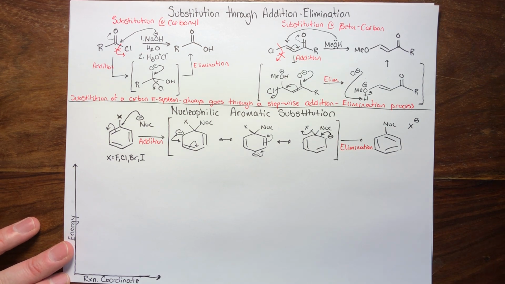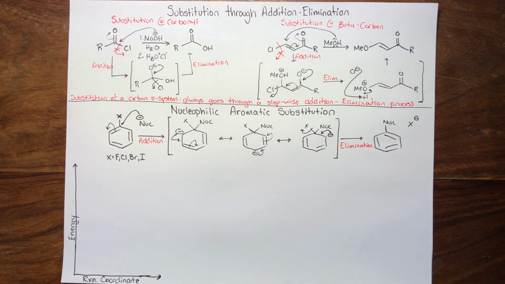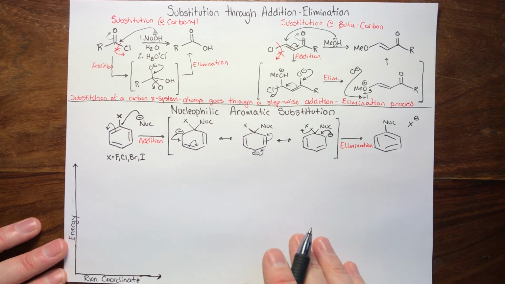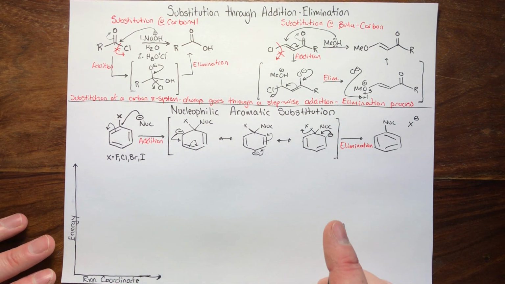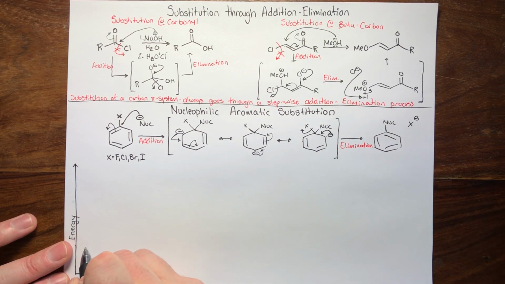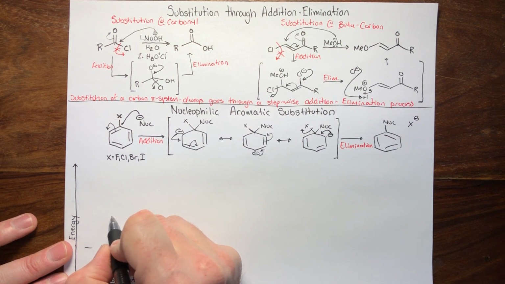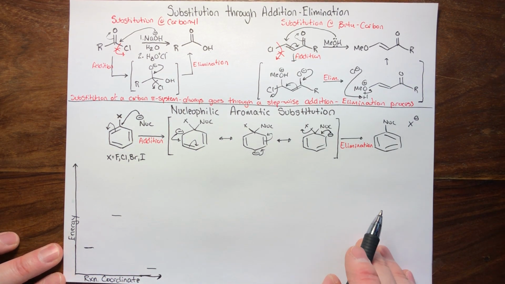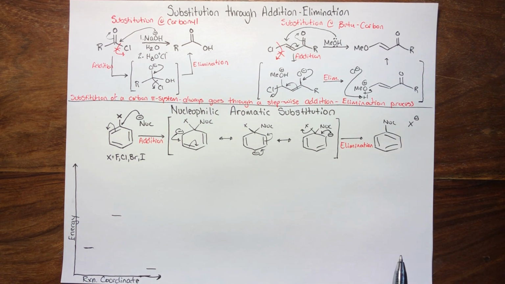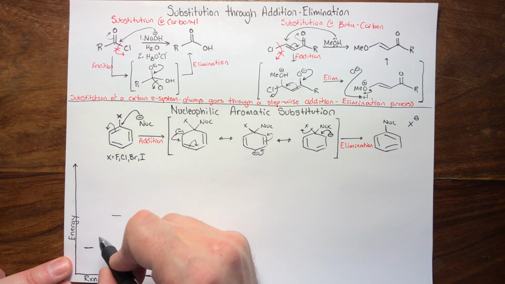So when we think about the energy diagram for this reaction, it is going to be very similar to others that we've seen recently, where it's a two-step mechanism. In that reaction, we're forming a high energy intermediate. We'll assume that these reactions are going to be exothermic, so leading to a more stable product.